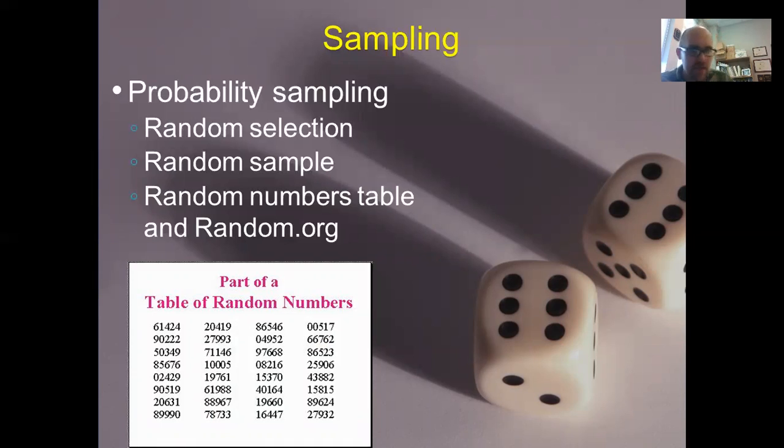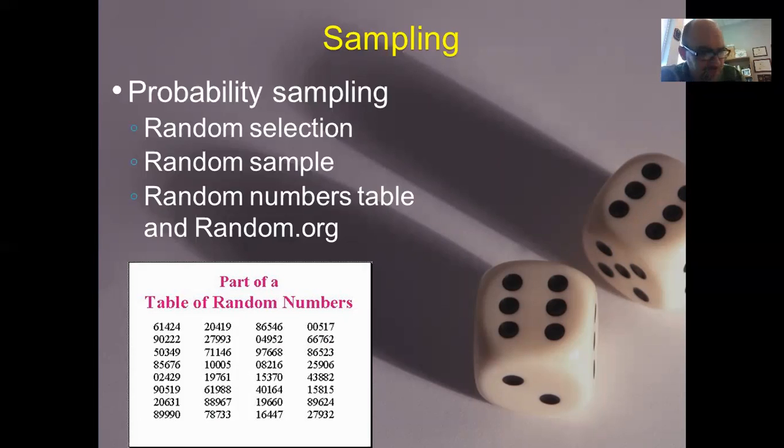So now we're going to talk about sampling. Specifically, we're going to look at different ways that we can sample things. And this isn't just for surveys, but it's also for if you're designing a project in the greenhouse or out in the field or even in the lab, being able to randomly select things is important.